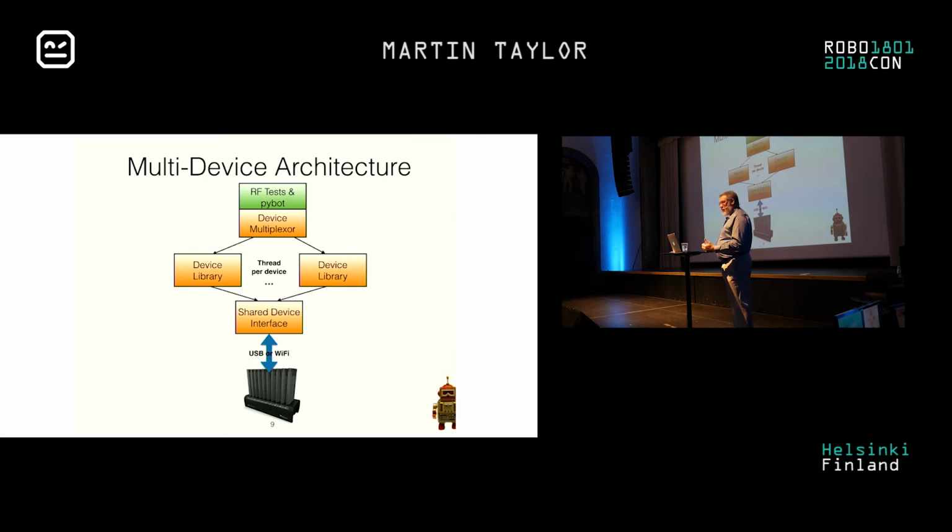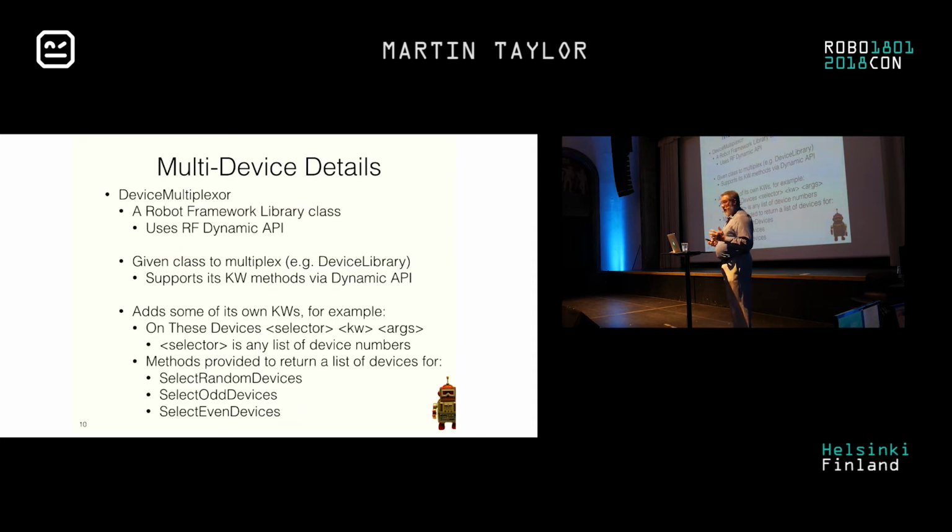And then for all of the devices that it's told to work with and that it discovers via either Wi-Fi or USB, it creates an instance of the standard device library and runs it in a separate thread. And then that multiplexer is using that library to do the work for each device.